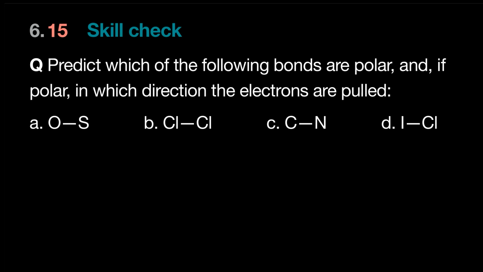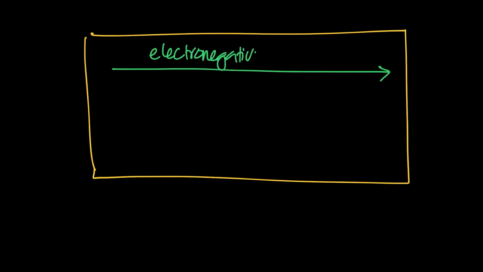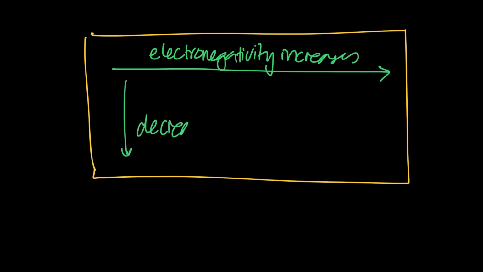So between O and S, for this, what do you want to know first? You want to keep in mind the trend of electronegativity in the periodic table: when you go across a period, electronegativity increases, and down a group it decreases.